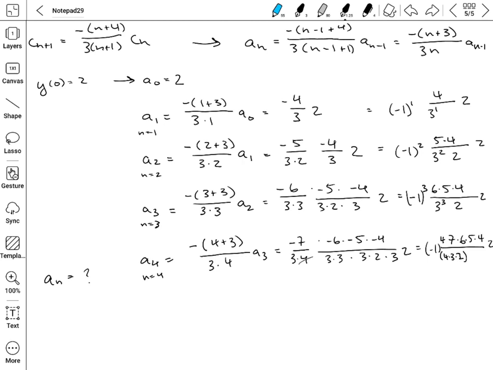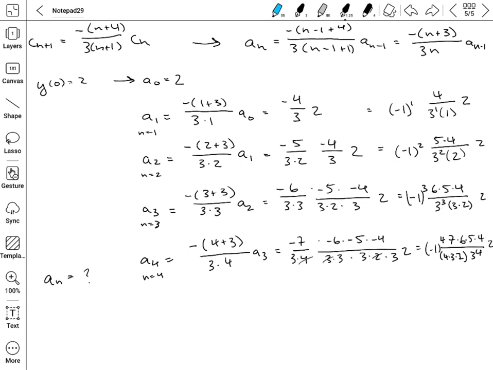So if I take 4, 3, 2, that leaves 1, 2, 3, 4 3s. And so now I can see before I was having a 3 times 2 and a 2 and a 1.